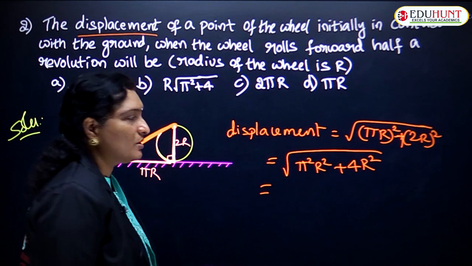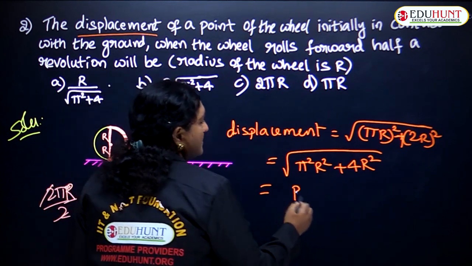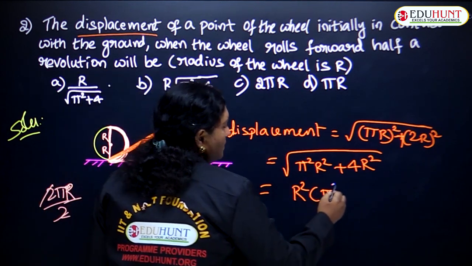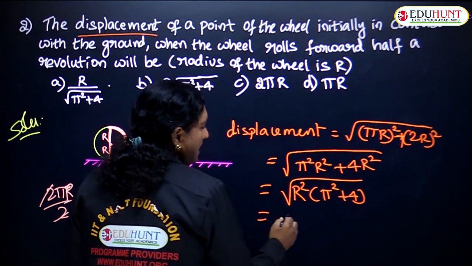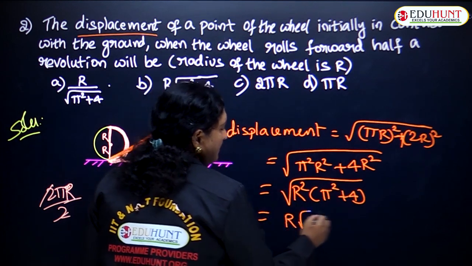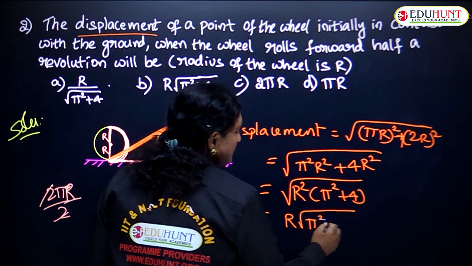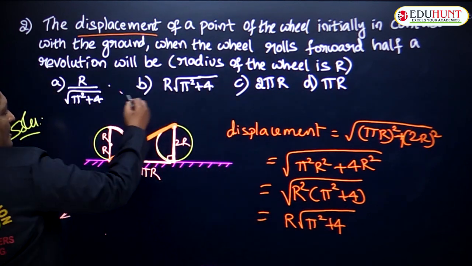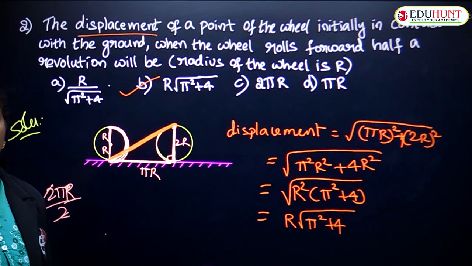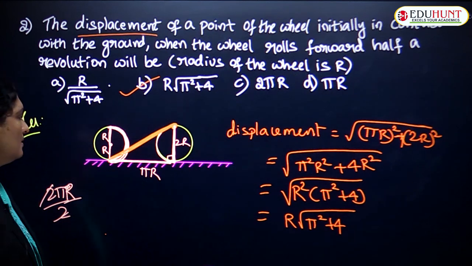What is common in both children? R square. Hence R square into pi square plus 4 under root. Under root R square is R and left over is root over pi square plus 4. So which one is the correct answer children? Second one. R into root over pi square plus 4.